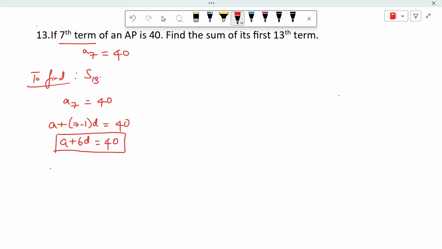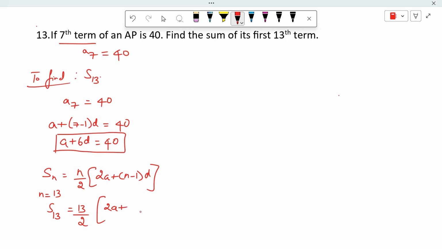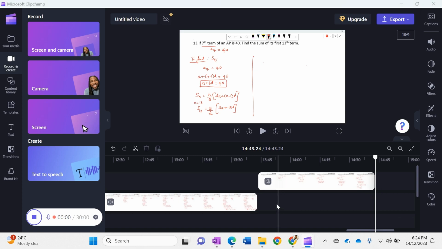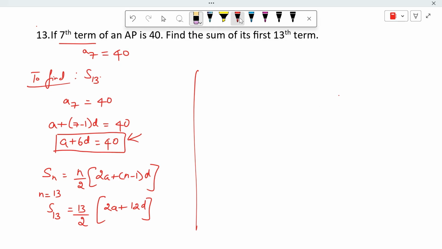Okay, so S13, which means I'm using the formula Sn equals n by 2 times 2a plus n minus 1 times d. So here n equal to 13. So S13 will be 13 by 2 times 2a plus 13 minus 1, which is 12d, isn't it? So now, S13 is equal to 13 by 2, taking 2 commonly outside, so I will get a plus 6d, isn't it?